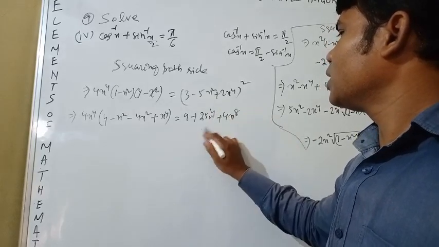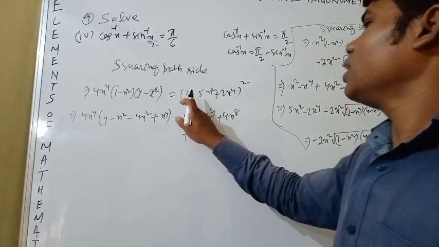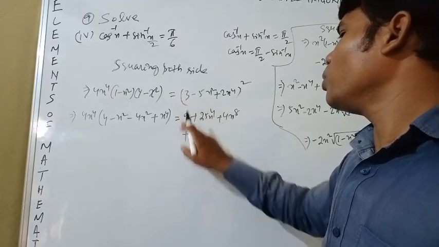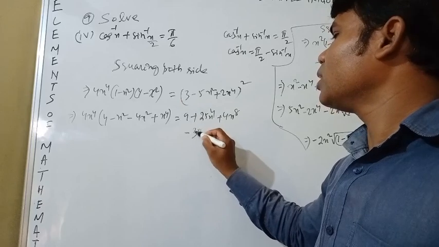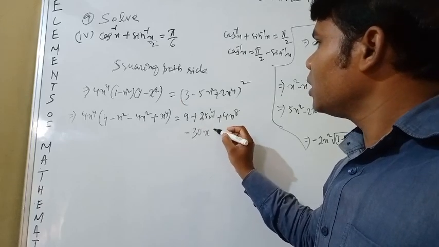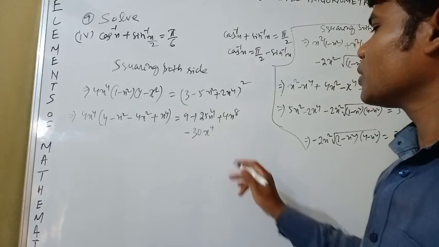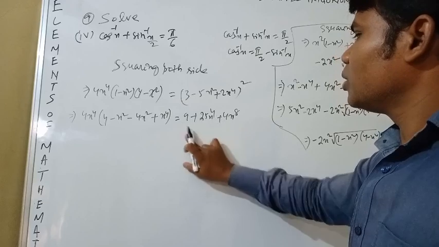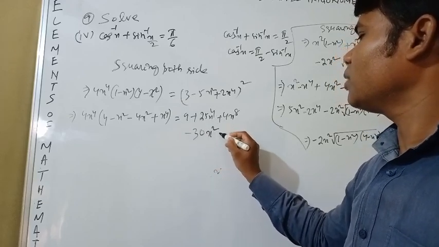4x^8 plus 2ab, that is 5 into 3, 15, 15 into 2, this is minus 15, so 30 x^4. Okay, 2ab, that is 15 minus 30 x square.